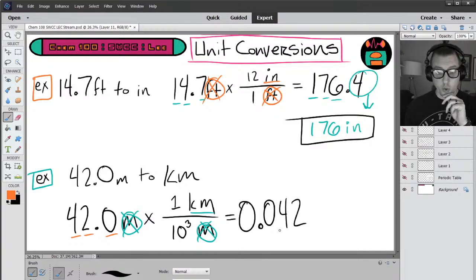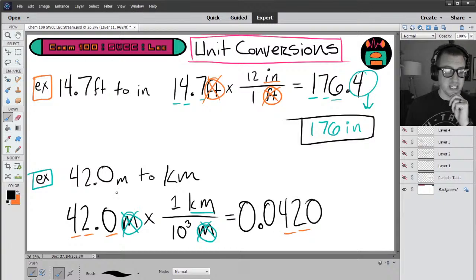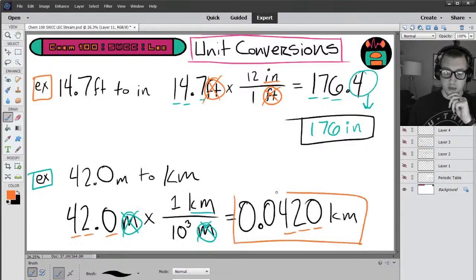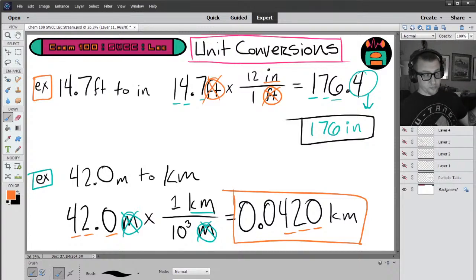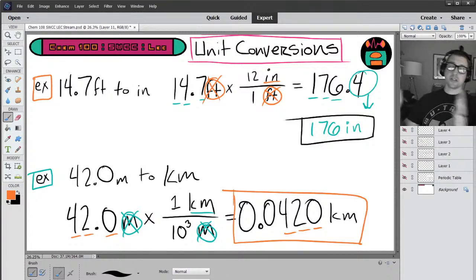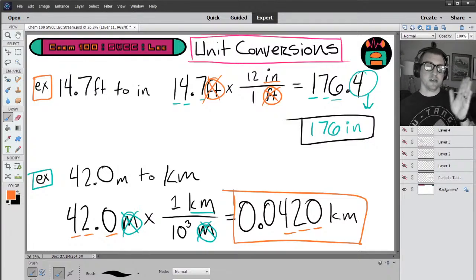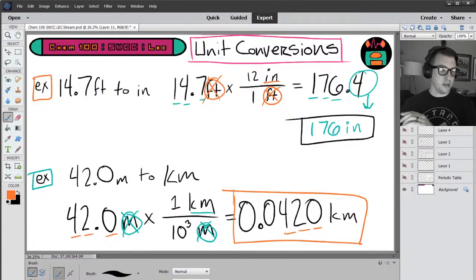When I look at my answer, 0.042 only has 2 sig figs, so I need to add a 0 to the end. That way, I have 3 significant digits in my answer, and I need to add my units, kilometers, for my answer to be complete. So 42.0 meters converted to kilometers is 0.0420 kilometers.